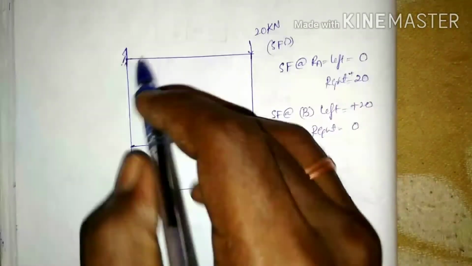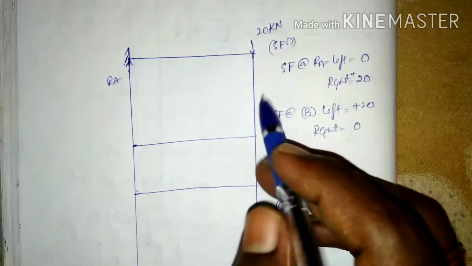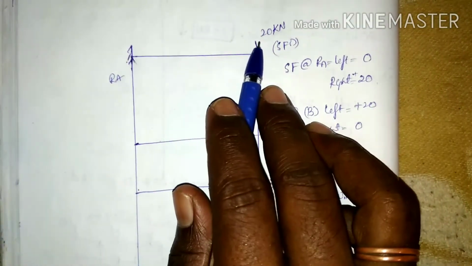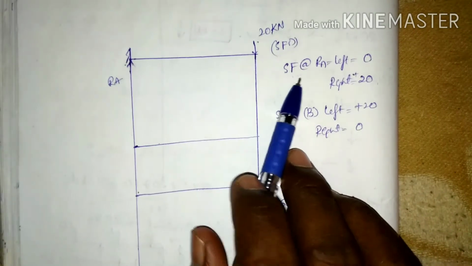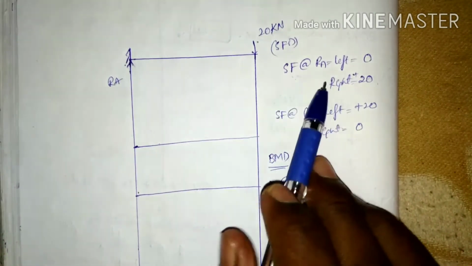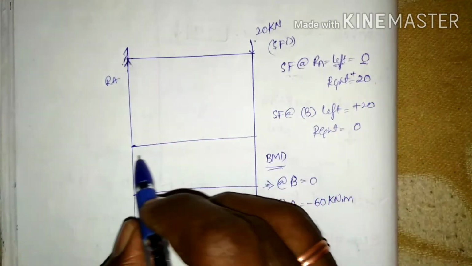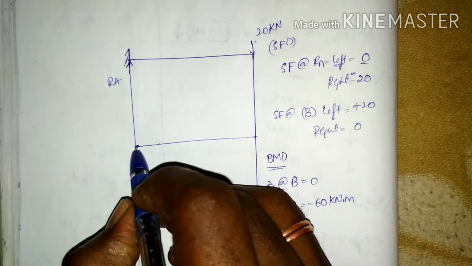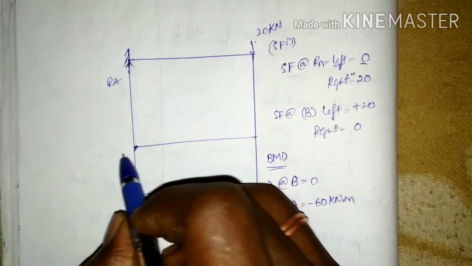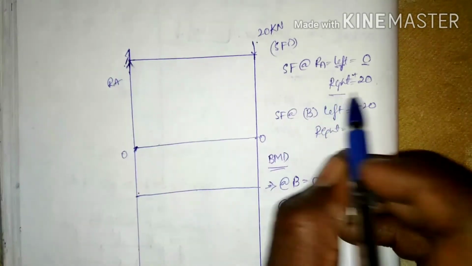Here we have RA. This is a cantilever beam having a 20 kilonewton load. Now the shear force diagram calculations. At left we have 0. This is my reference line for drawing the shear force diagram. Here at left I am considering 0.